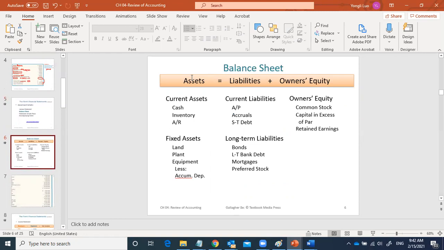The company has the balance sheet classified into the asset category, and another category, liability and owner's equity.